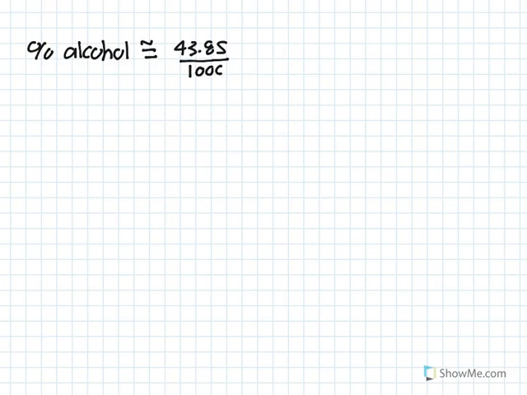If we put this into a calculator, we get approximately 4.39%. So after 60 minutes, the concentration of alcohol is approximately 4.39% in the tank.